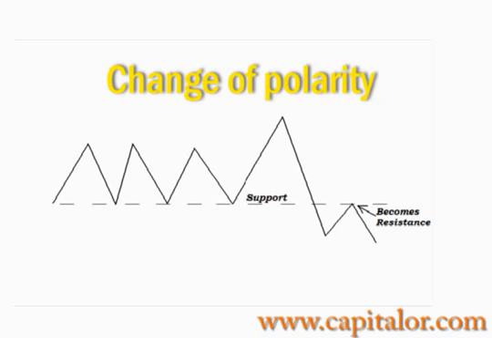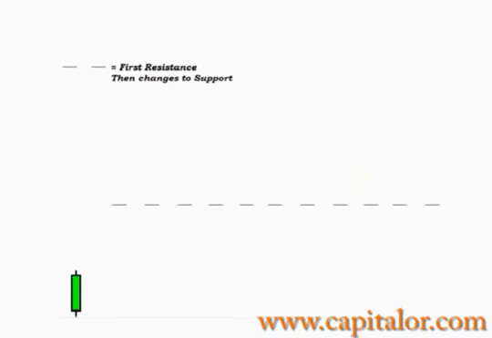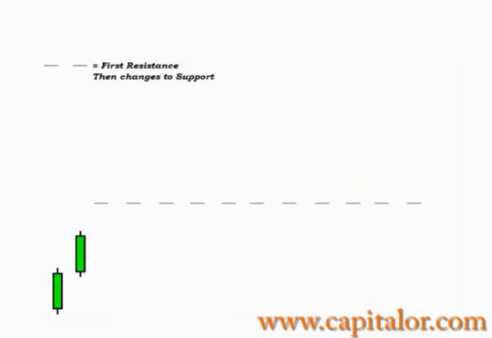Even though this pattern might be easy to remember, I will make it even easier by showing a simulation, and this simulation shows a resistance which then turns to a support. The simulation begins with candlesticks moving up to the resistance, but stopping at the resistance line and moving down 2 candlesticks.